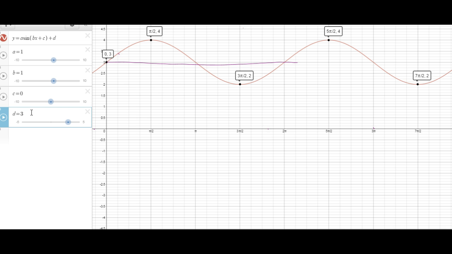There's the middle, and there's the top. So what's this distance called? Amplitude. And the amplitude is how much? How far is it from 3 to 4? 1, right? So the basic sine function has an amplitude of 1. Did we change the amplitude? No, we're simply changing the midline. If you change the midline, what's the effect on the graph? It moves it up or down.